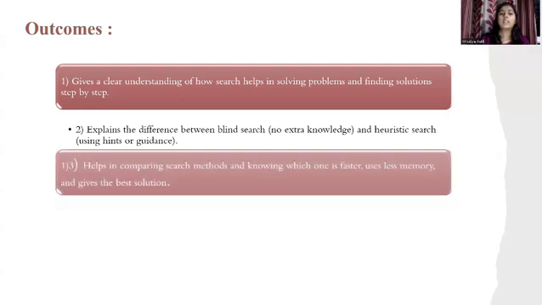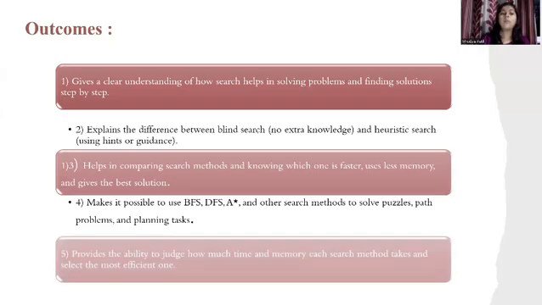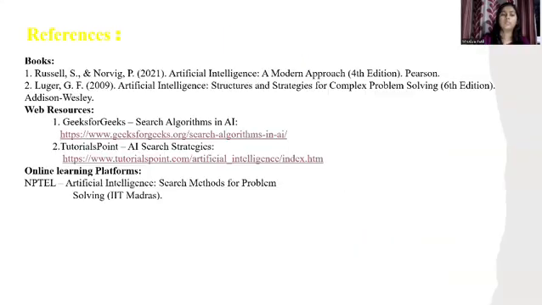Third, helps in comparing search methods and knowing which one is faster, uses less memory, and gives the best solution. Fourth, makes it possible for BFS, DFS, A star, and other search methods to solve puzzles, path problems, and task planning. Fifth, provides the ability to judge how much time and memory each method takes and select the most efficient one.